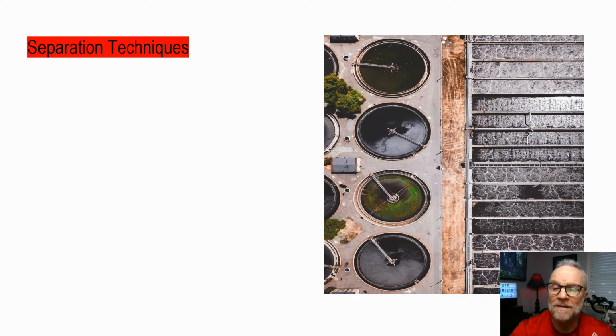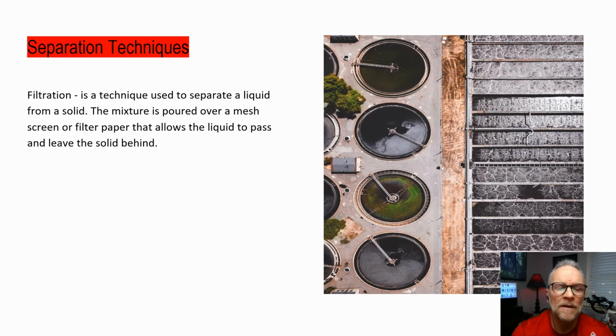Separation techniques. Okay, this is really neat. So how would you separate out mixtures? Well, filtration is the biggest technique used to separate liquids from solids. A mixture is poured over a mesh screen or filter paper that allows the liquid to pass and leave the solid behind. Filtration systems for water are really sophisticated, and they have all sorts of physical filtration systems and then some chemical techniques as well to separate things out.